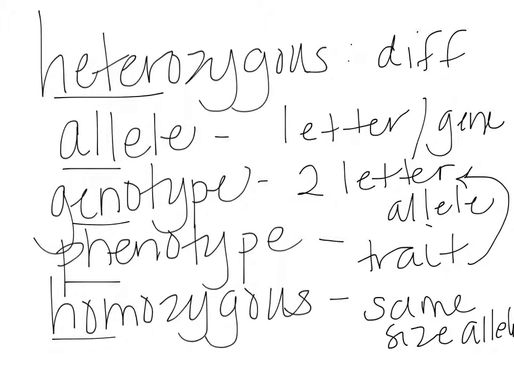And Punnett squares are the same as the test cross that they called it in the Amoeba Sisters yesterday. So let's do some practice. Okay, so here's a Punnett square, and they're very easy. You're just going to draw a box with a box inside.